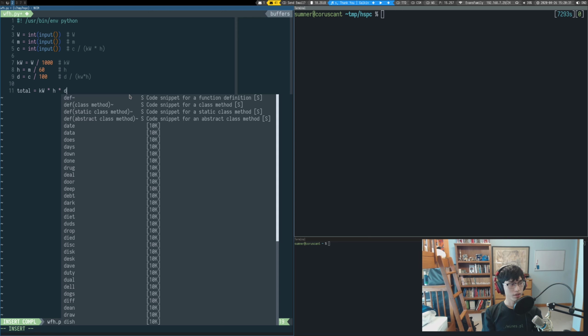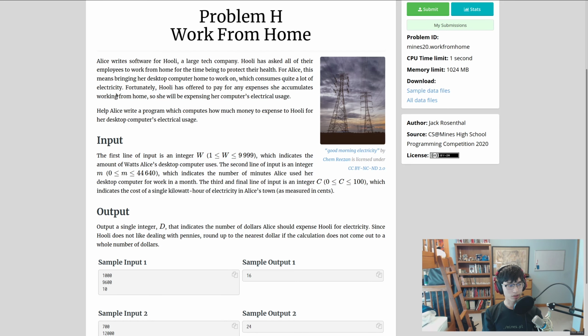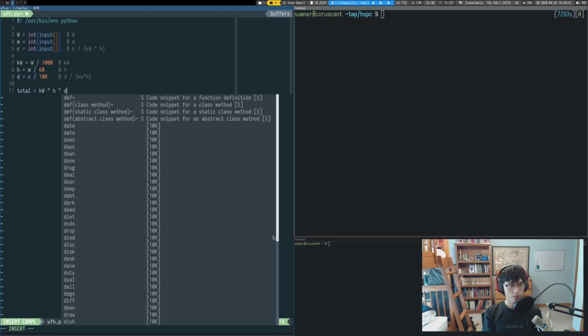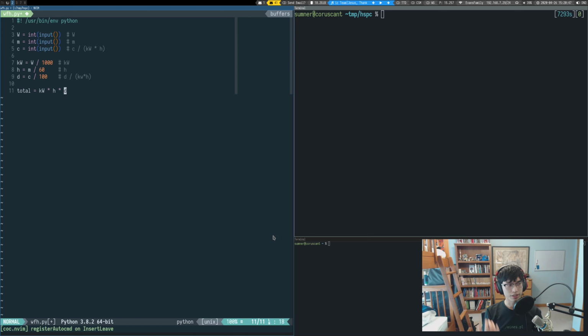Now, we have to go back to our problem description, and we notice that we always round up to the nearest dollar. So this is different than normal rounding. We never round down, we only round up. So that's also known as a ceiling. We take whatever fraction it is and then just always go up.